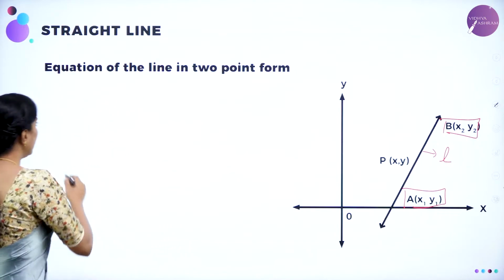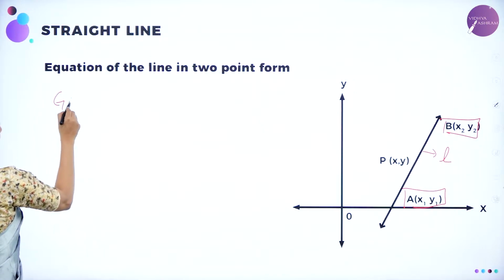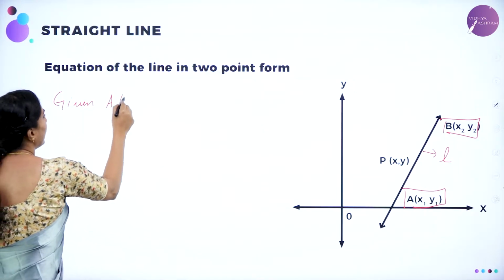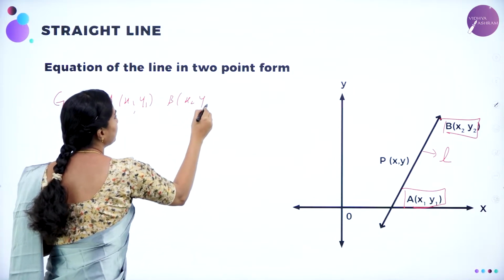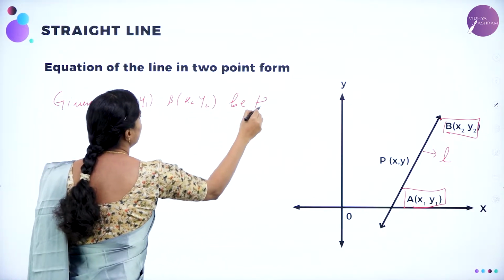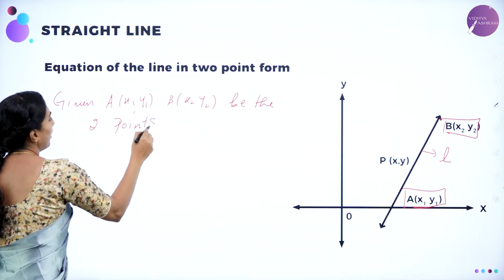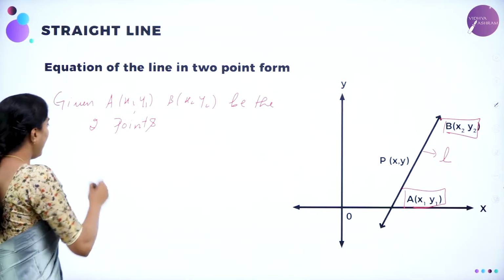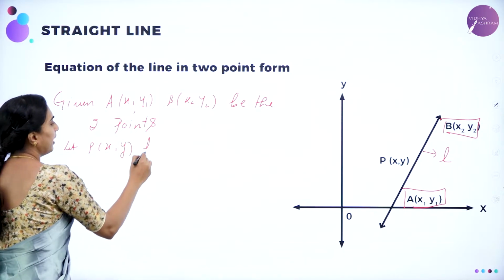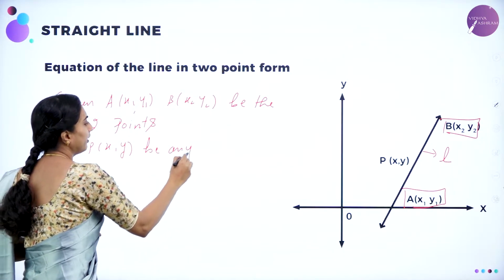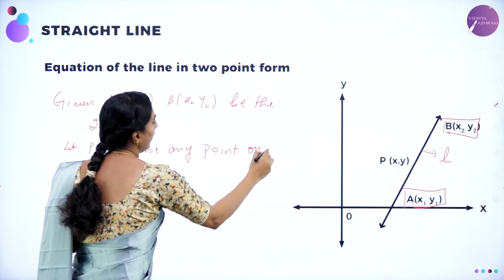Therefore, by the condition of collinearity, here I am considering A of x1, y1 and B of x2, y2 as the two given points. And then I am going to consider P of x comma y as any point on the line.